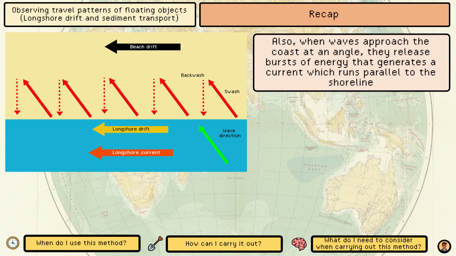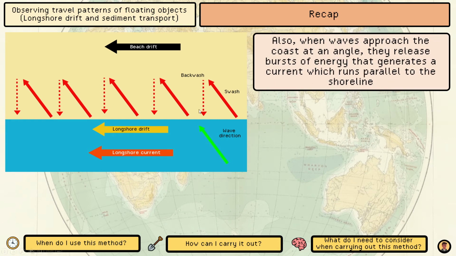So when waves approach the coast at an angle, for example, you have your seabed before the waves actually break onto the coast. How deep the seabed is near to the coast may actually cause the waves to crash earlier.